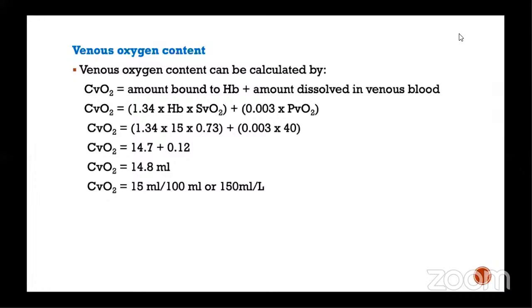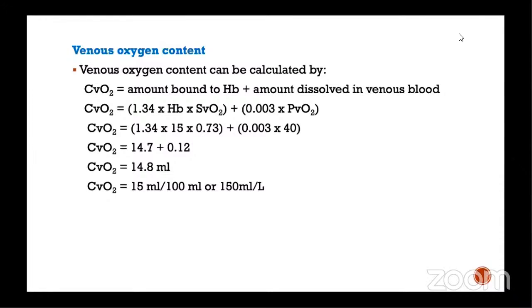For the hemoglobin in venous blood, the oxygen saturation is about 73 to 75%. Using 73%, we'll have about 147 mils per liter.